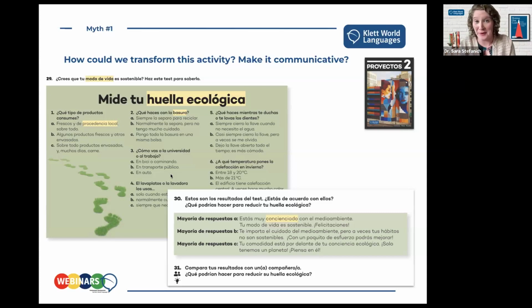They're going to be asked if they agree and why, and they're going to have to share that information with somebody else. And when you ask, okay, great, what actions did you come up with? How can we reduce our carbon footprint? And they say to you, well, I'm going to drive every day to school instead of taking the bus, you say, well, that doesn't really make sense, right? And so there is this need to engage on a higher level of communication versus just repeating information back and forth.